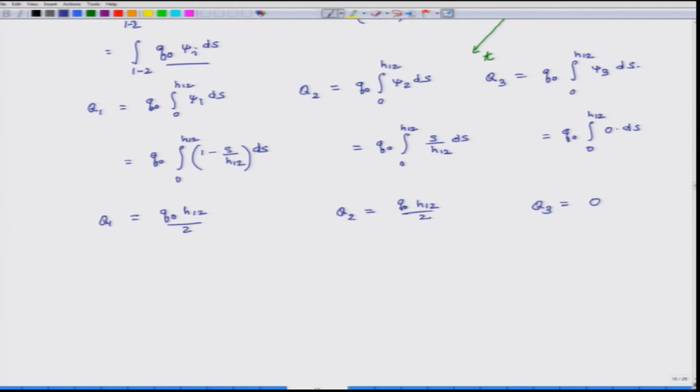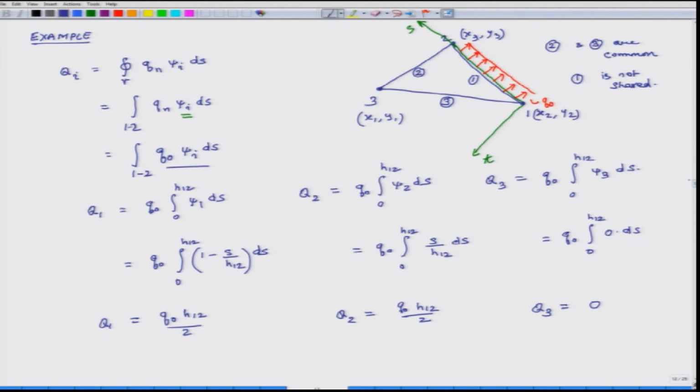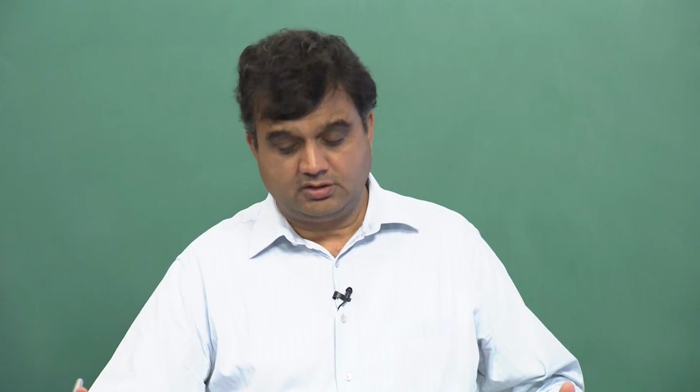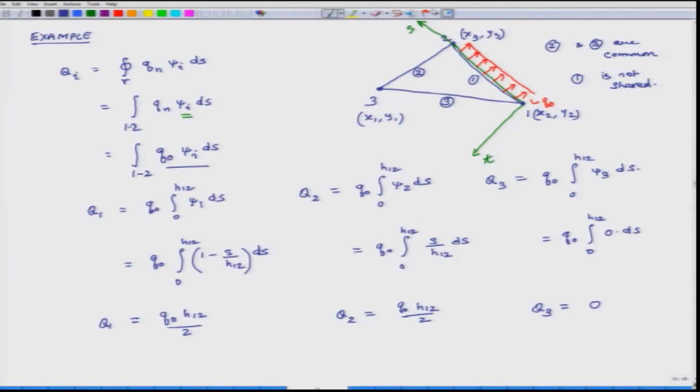And physically, what does it mean? If the flux is constant across the whole length, what will be the total flux? Total flux will be q naught times the length, q naught times h12, right? And because it is constant across the whole length, the nodal value at node 1 will be half of that, Q naught H12 divided by 2, and the nodal value for node 2 will also be half of that.